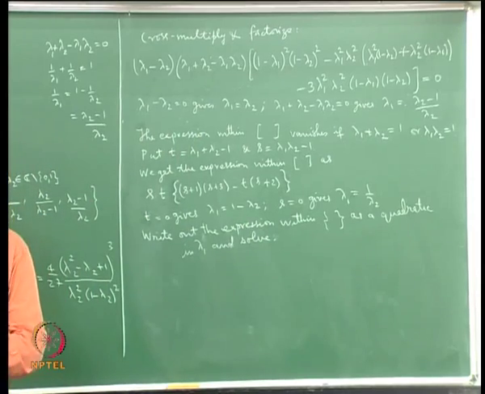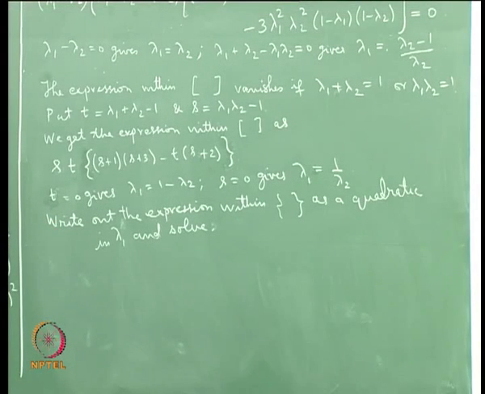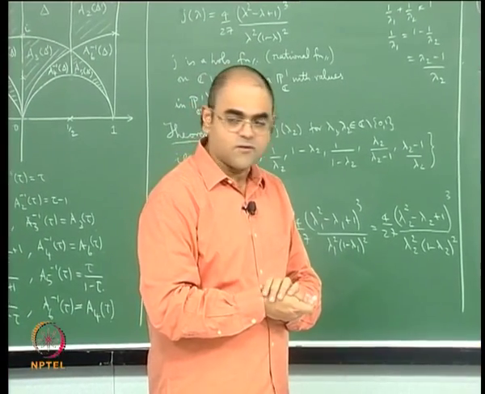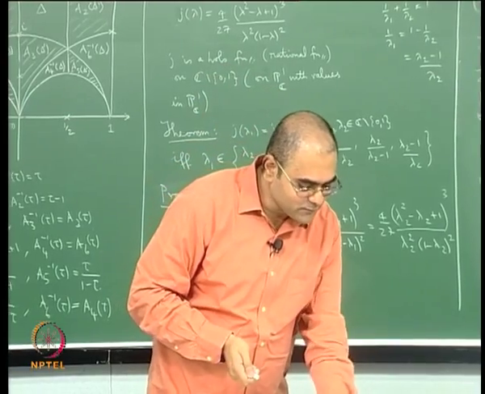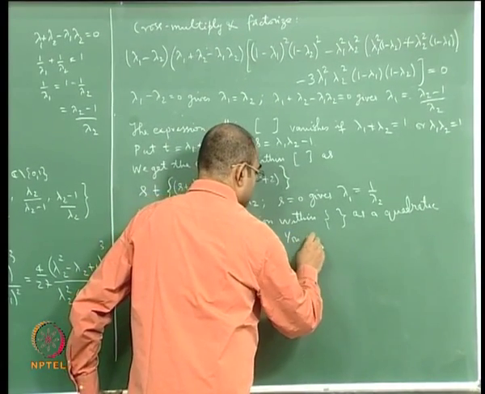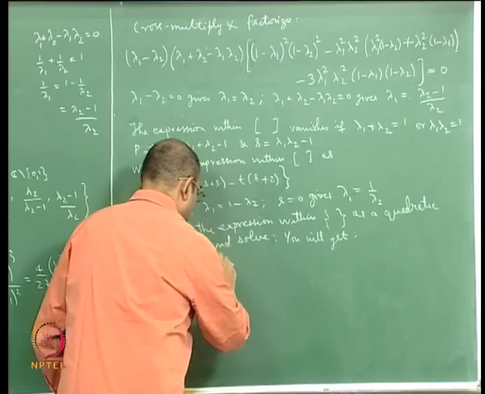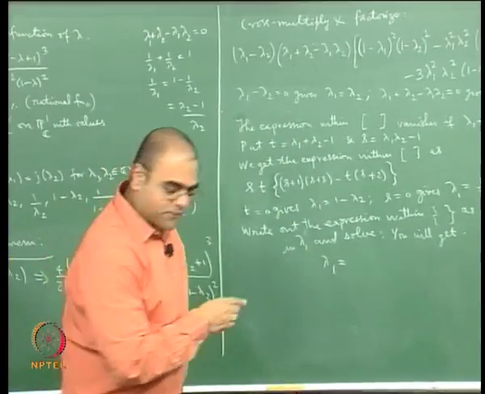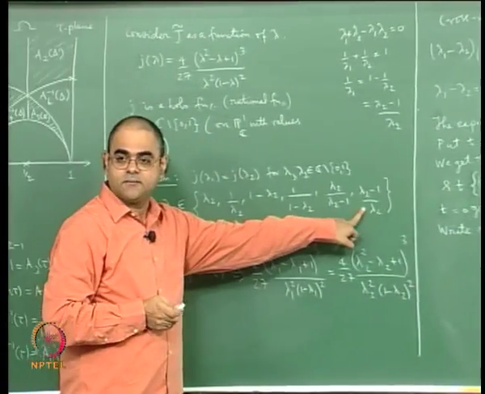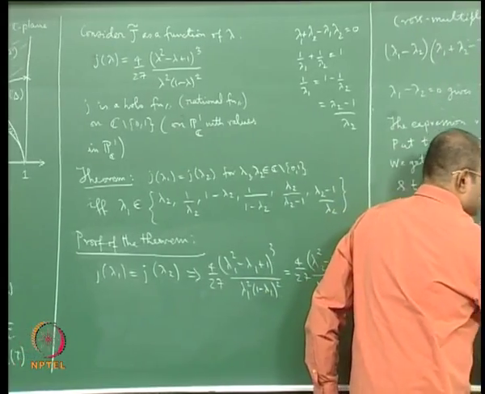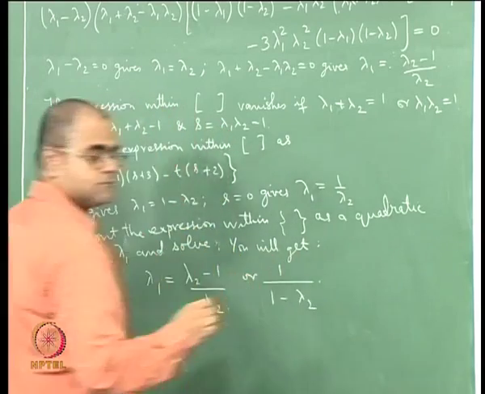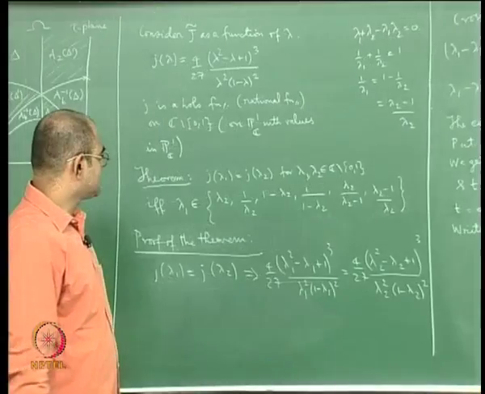Okay, write out that expression inside the flower brackets as a quadratic in lambda 1 and simply solve using the good old high school formula for a quadratic equation, and lo behold, what you end up is either you will get lambda 1 is equal to lambda 2 minus 1 by lambda 2, which is this one again, or you will get 1 by 1 minus lambda 2. Okay, so that's it.